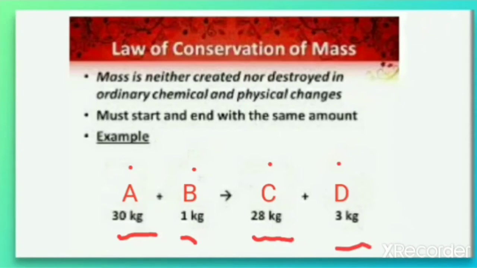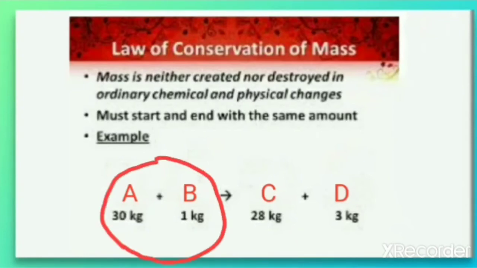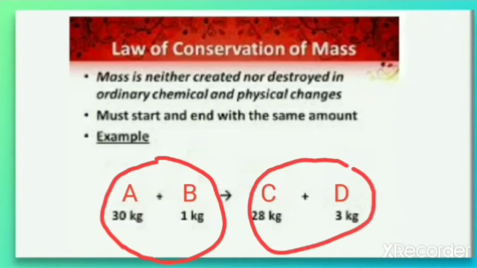That means during this process, the mass we had before the process is equal to the mass we got after the process. In this process, mass is neither created nor destroyed.